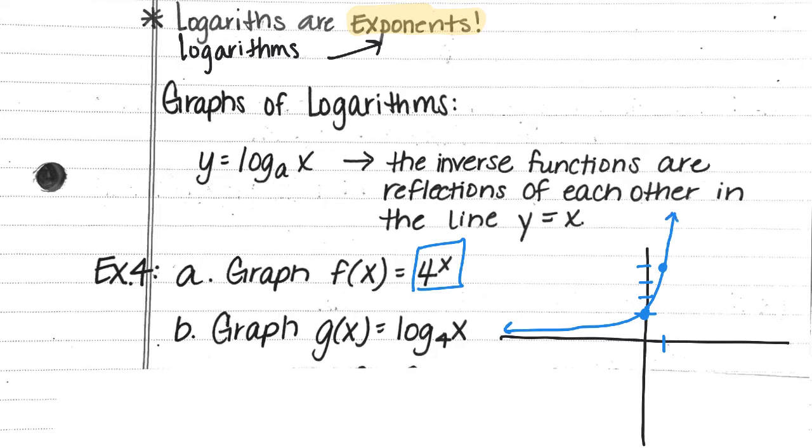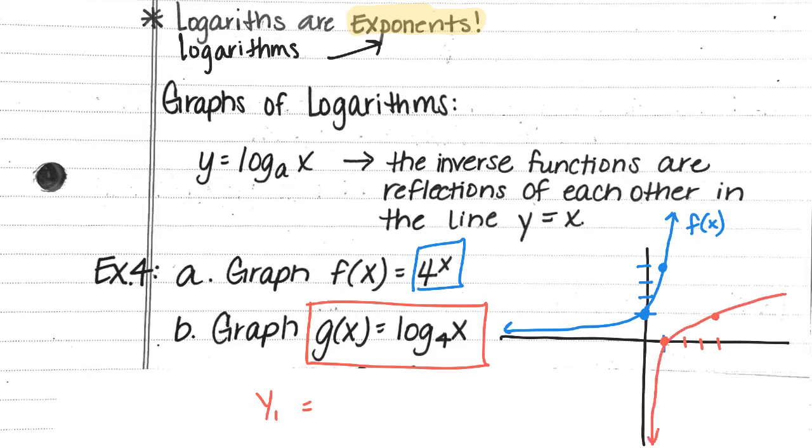So my question to you is, if this is f of x, what does the graph of g of x look like? So in your calculator, at the y sub 1, remember we're going to hit math, and we're going to scroll up to a log base, and we're going to put in log base 4 of x. And when I graph this, you're going to see some interesting things. Do you see what I see?